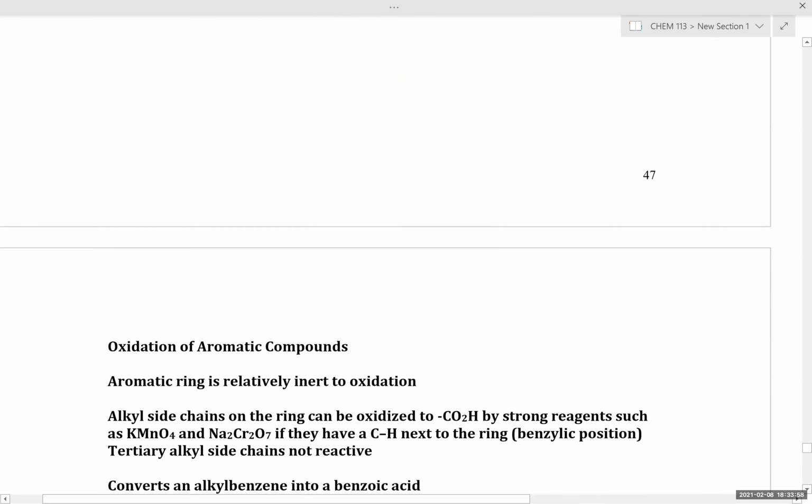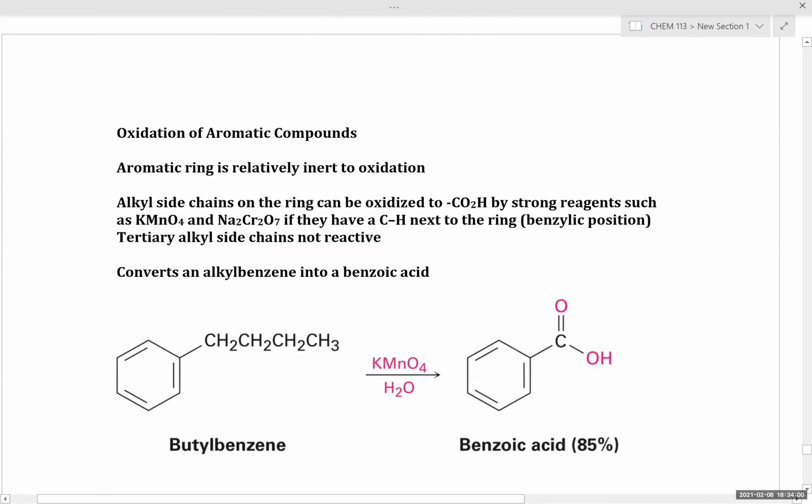Okay. So another interesting way that we can leverage aromatic structures is the fact that your aromatic ring, even though the actual principal phenyl group or benzene ring in your aromatic system is not very reactive, it's relatively inert to oxidation, the alkyl side chains on the ring can be oxidized up to carboxylic acids, they can be brominated.